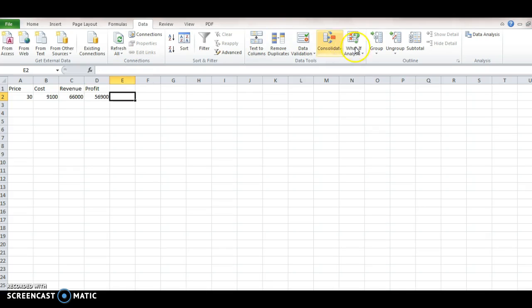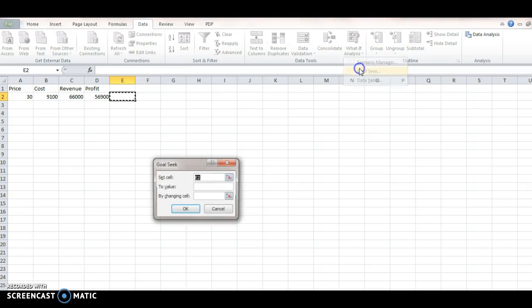Okay, so what we want to do now is do what-if analysis, selecting goal seek. And the set cell, we want to set the profit, because we're looking for break even, to the value 0, but we want the changing cell to be the price. So what that will do is it will say, all right, what price do I need at this quantity of 2,200 to give a profit of 0?